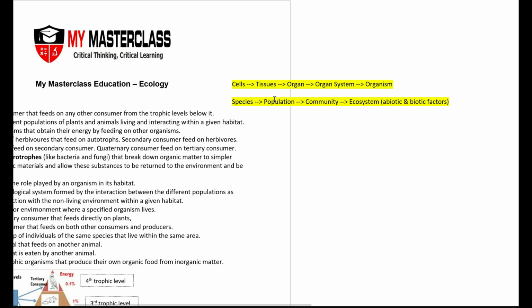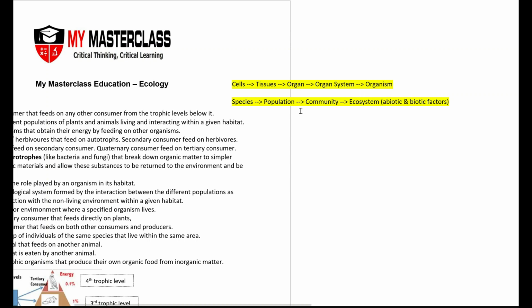If I have two sexually immature monkeys, even though they are one female and one male, because they do not have the ability to reproduce yet, they are still not considered to be a population. Multiple populations will make up a community, which together with abiotic and biotic factors, which we will look at later, will make up the ecosystem.